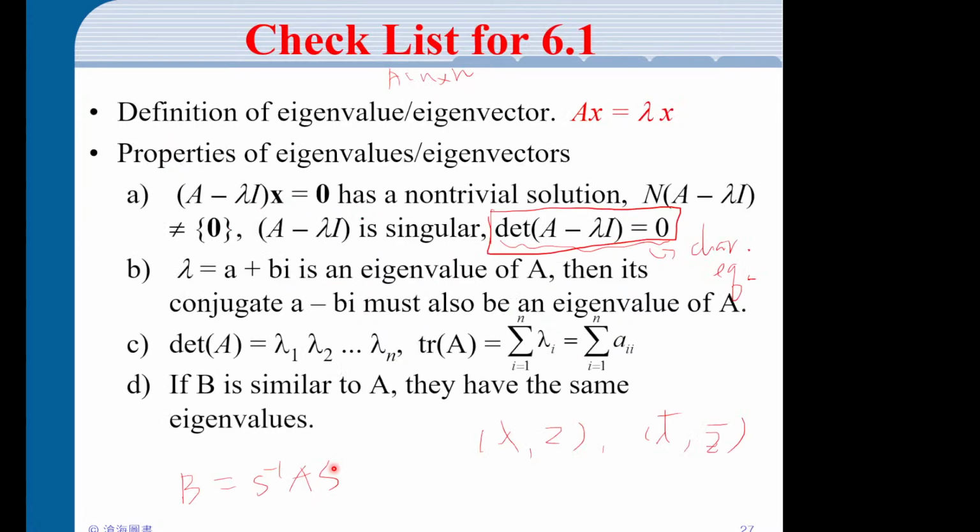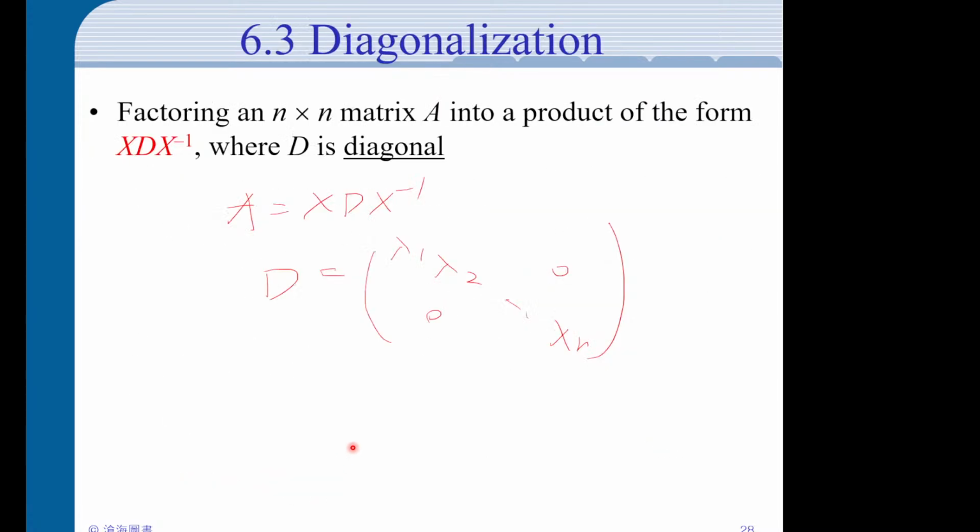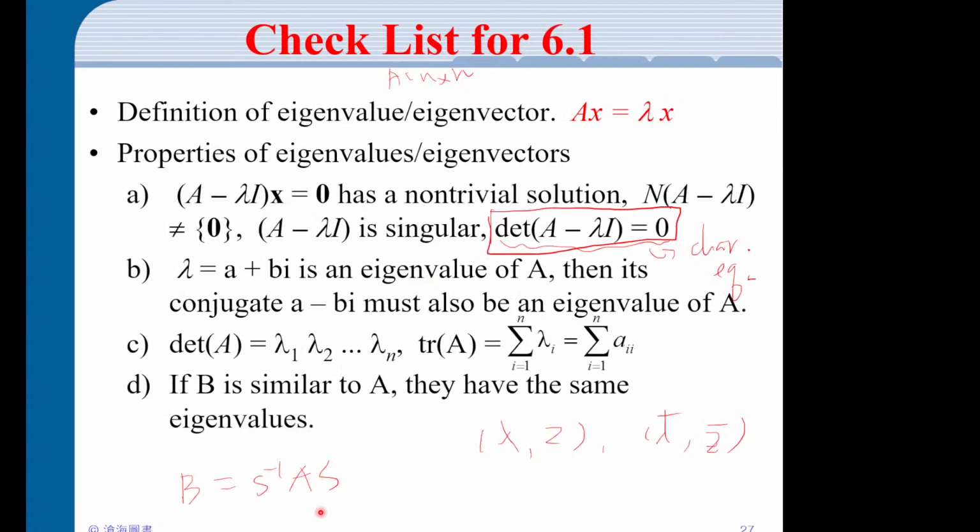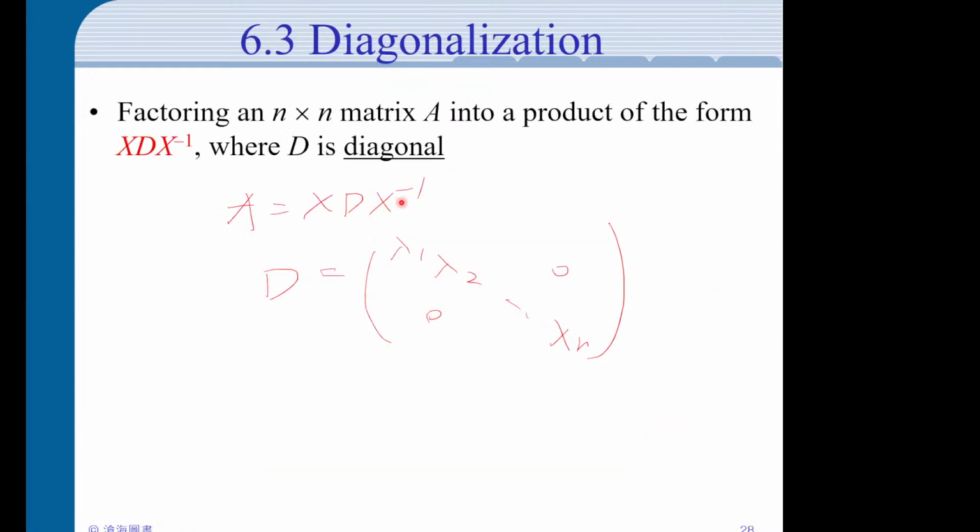Then we talk about diagonalization. The idea of diagonalization is that you want to find B equal to S inverse A S, where B is a diagonal matrix.